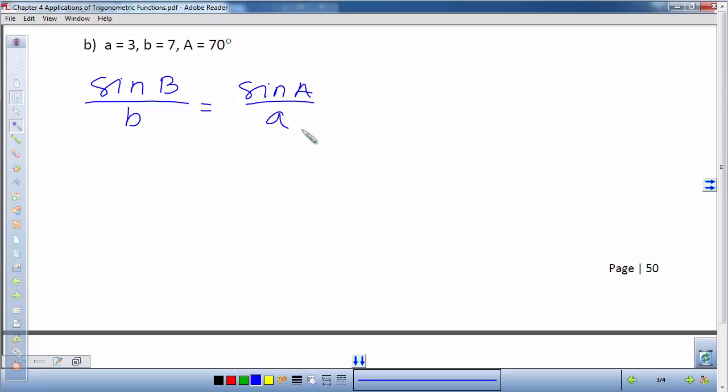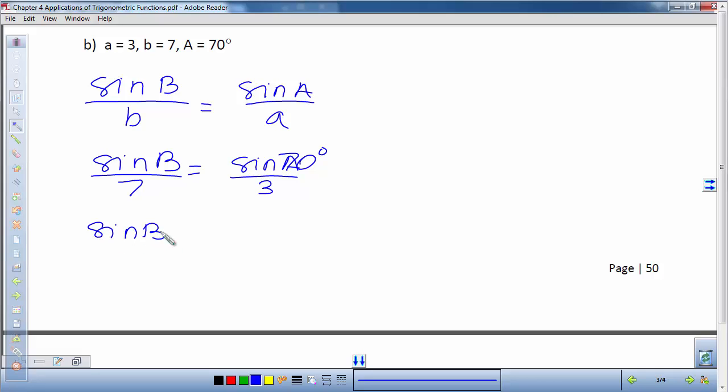All right, let's see. I'm doing sine B over 7 equals sine A over 3. I'm not sure what angle A is. Oh, right, 70 degrees, thank you. I don't know what angle B is, so we've got sine B equals 7 times sine of 70 degrees over 3.